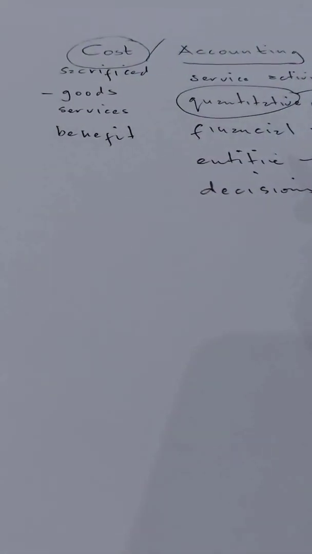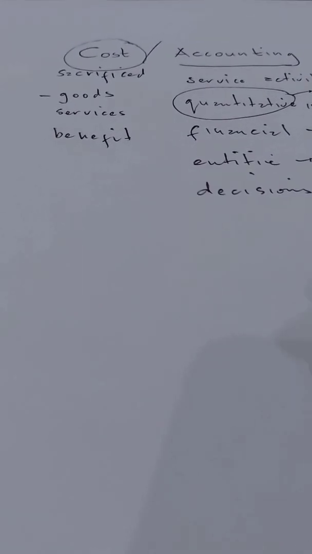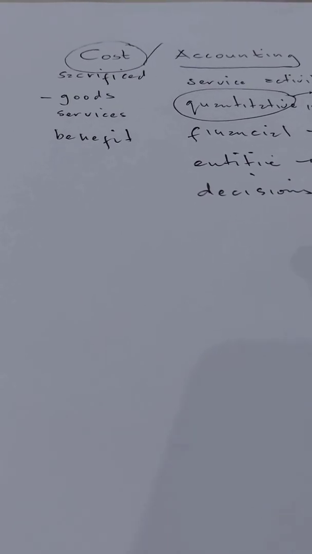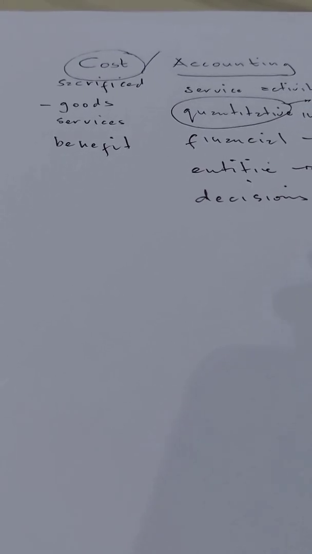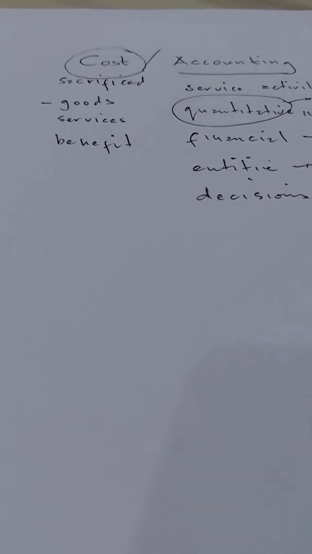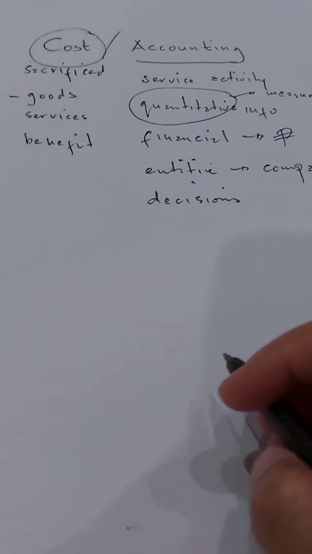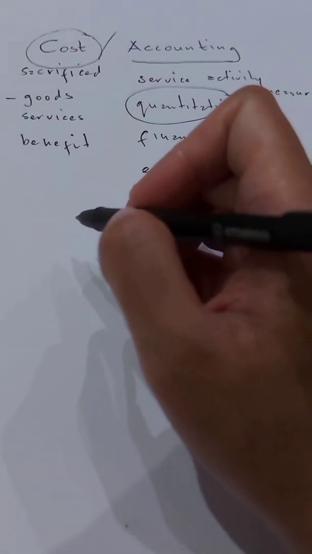So, ito, nadidinig nyo naman lagi yung cost. Pag sinabi natin cost, it is the cash or cash equivalent value sacrifice for goods and services that are expected to bring a current or future benefit to the organization. Ganito lang yan. Example, kunwari, bumili ka ng bagong sapatos.